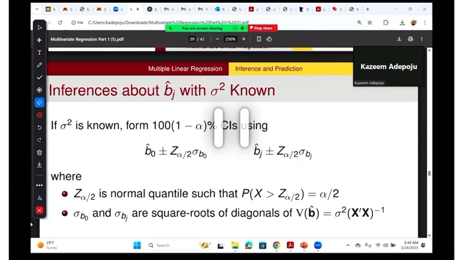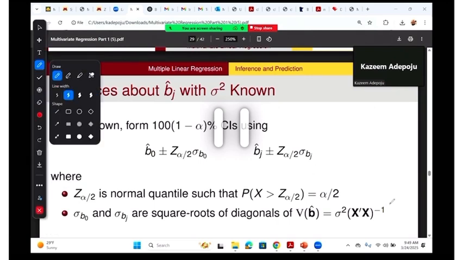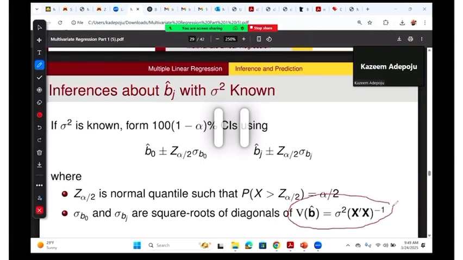We derived this the other time. Please pay attention. Do you see that? We derived the variance of B cap. This has a lot of variances in it: variance of B naught, variance of B1, because it's a matrix. Does that make sense?